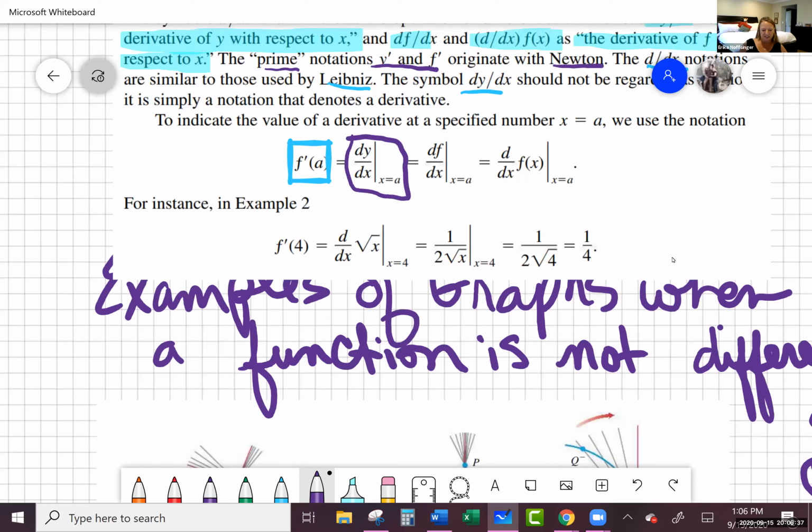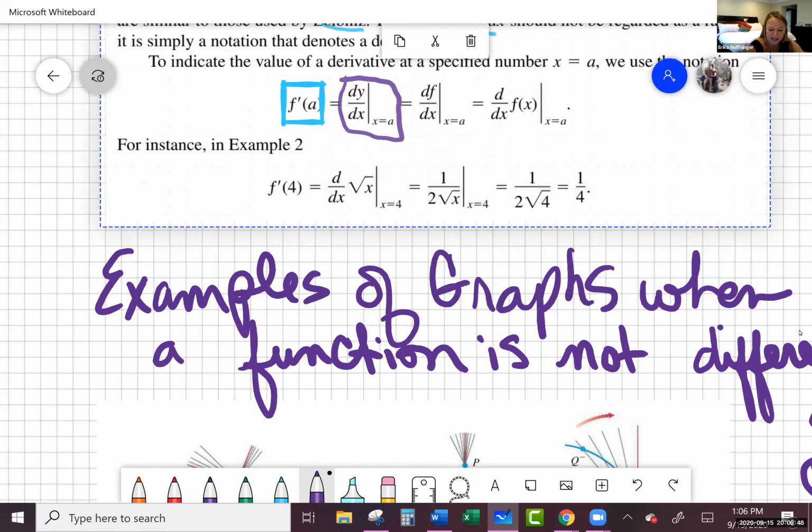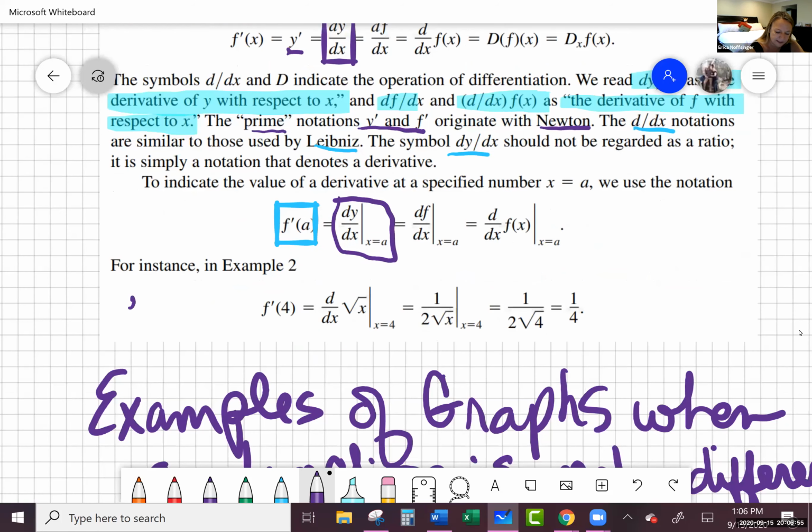Here's a different example of where you might see the difference. Say f prime of 4, where f of x is equal to the square root of x.